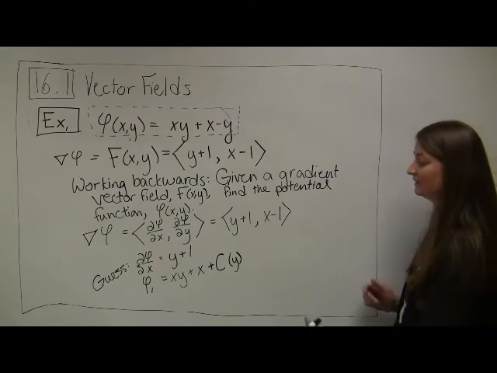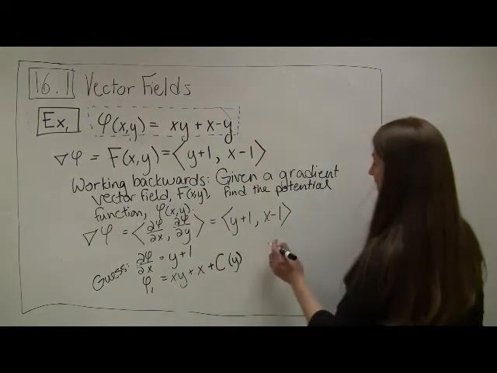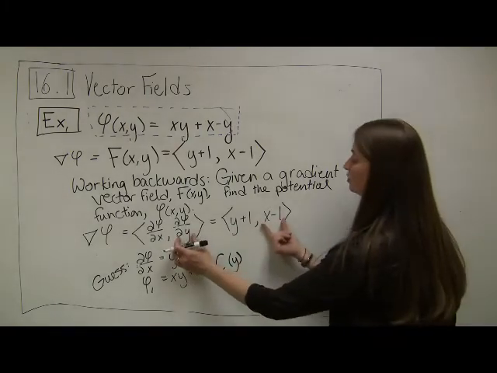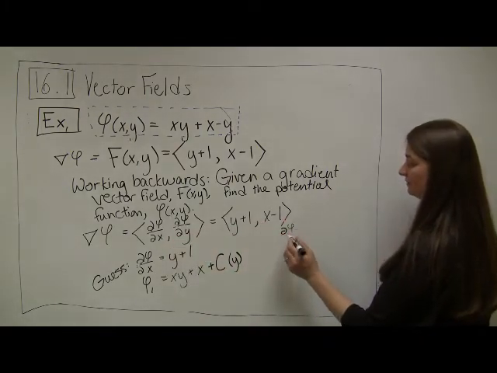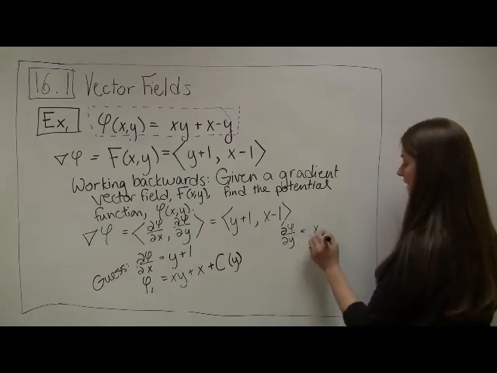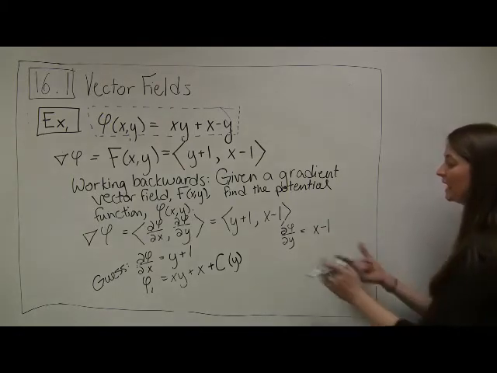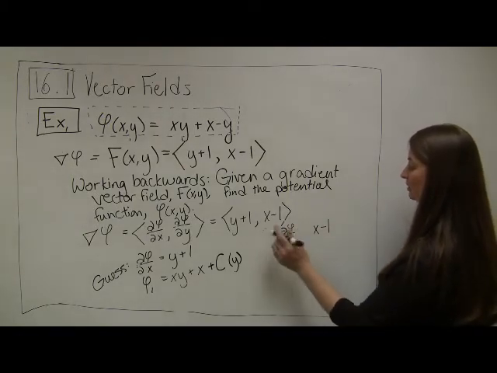Similarly, this gets us part of the way there. It gives us the first couple chunks. But we need to use more information, and we have more information over here. We have the fact that the partial derivative of phi with respect to y is equal to x minus 1. So again, I'm going to anti-differentiate with respect to y. I can even write that out in notation.